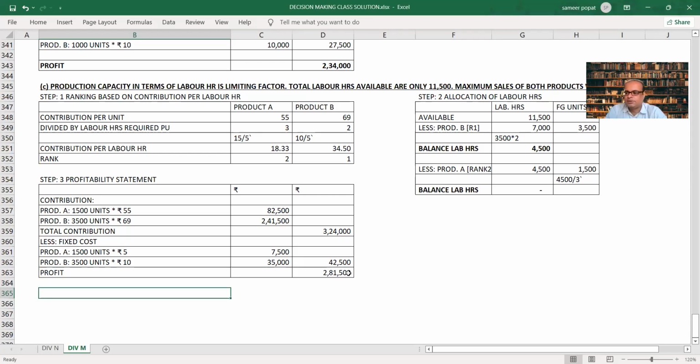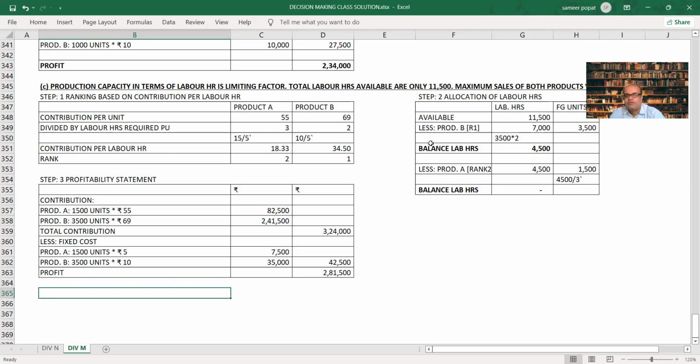Okay, understood everyone? Yes, sir. So for the initial cases, we did not prepare the profitability statement because there we were not provided with the maximum capacity, right? Yes, you are correct.